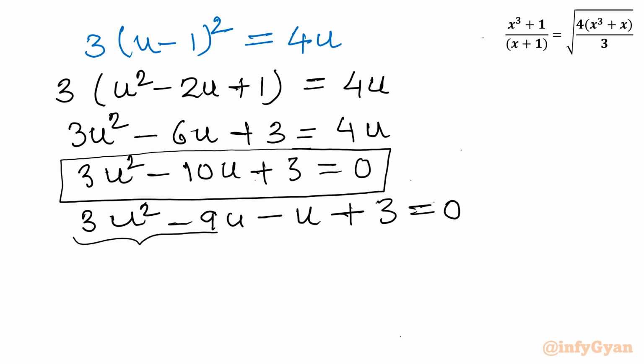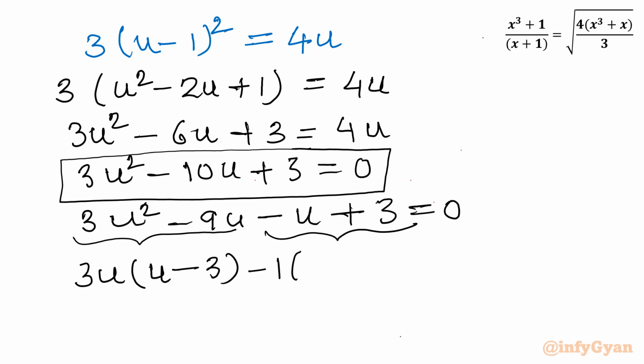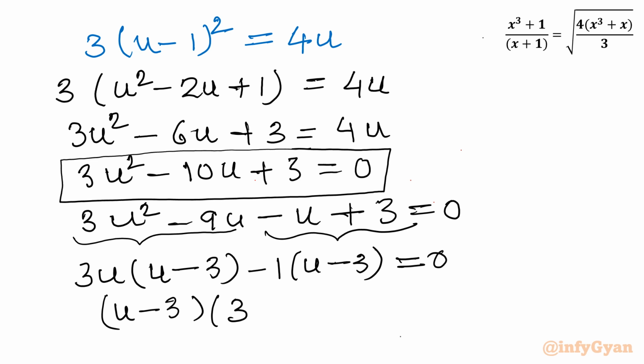From first two terms 3u is common. So in bracket it would be u minus 3. From last two terms minus 1 is common, so u minus 3 again. Overall common is u minus 3. Other factor we can write 3u minus 1 equal to 0.